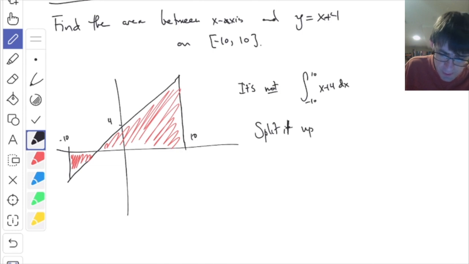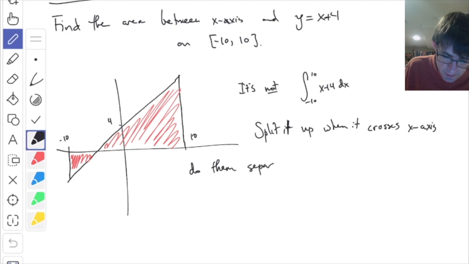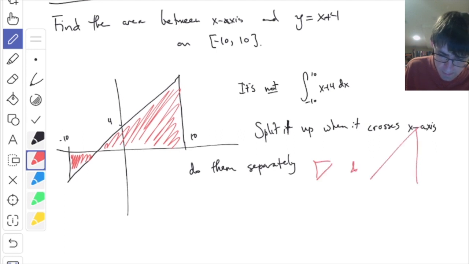Split it up when it crosses the x-axis. In other words, we do those two pieces separately. There's this little one, and then there's this bigger one, right? We have to do them separately and then add the answers together. Just because this one is below the x-axis, it will be negative.